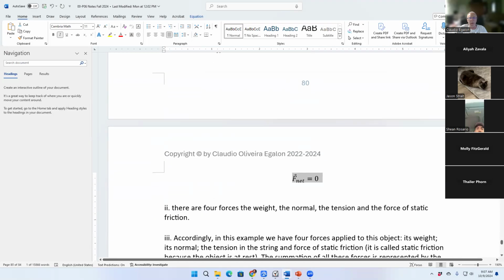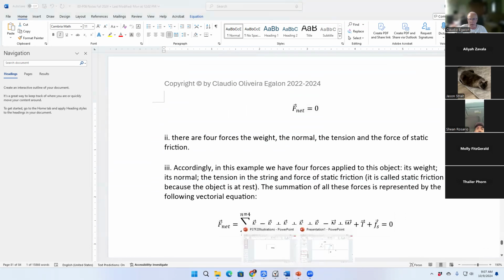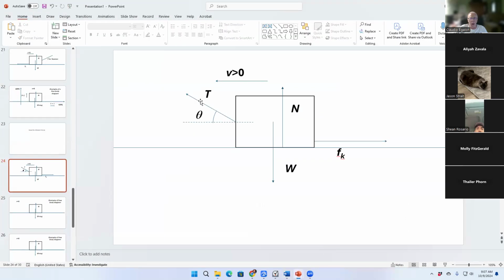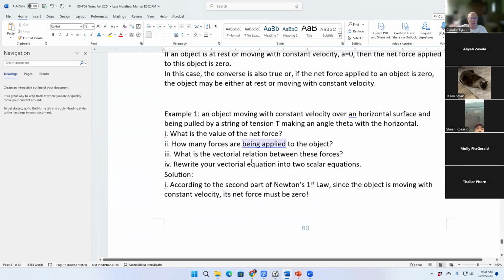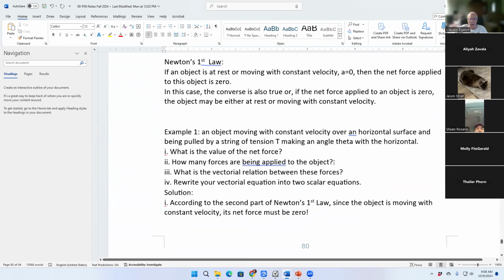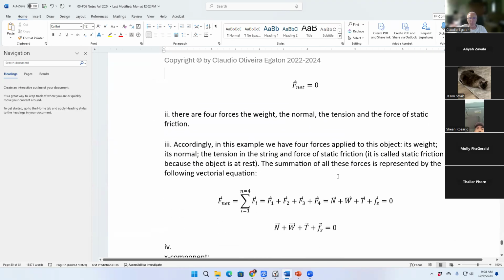How many forces are being applied to the object? Take a look at the drawing. 1, 2, 3, and 4.